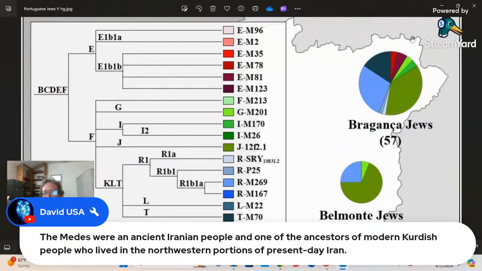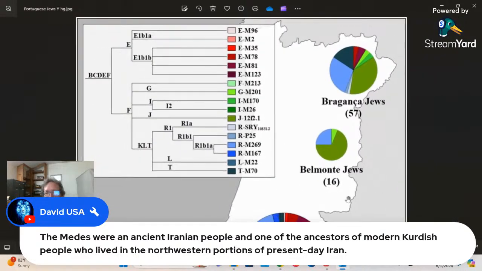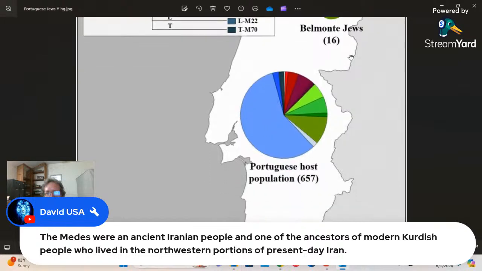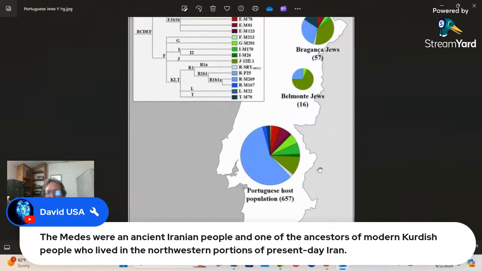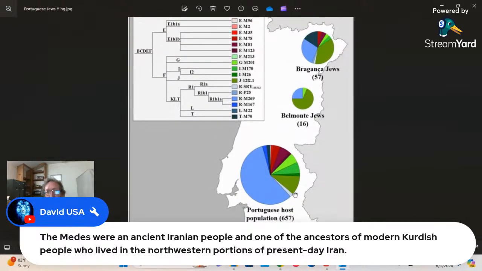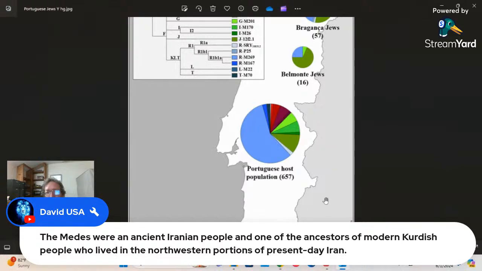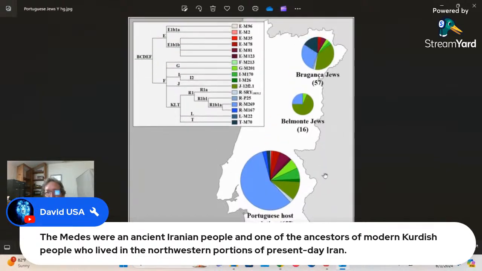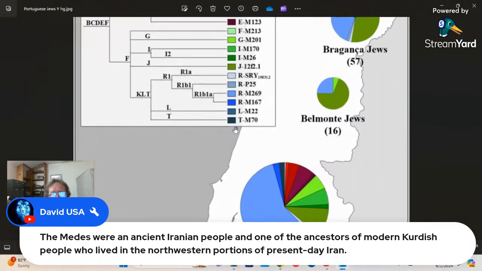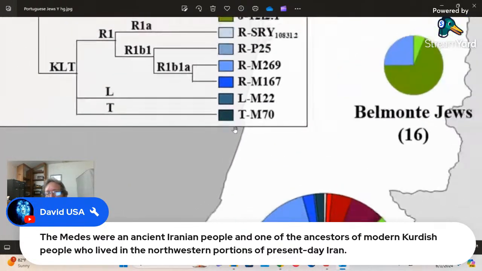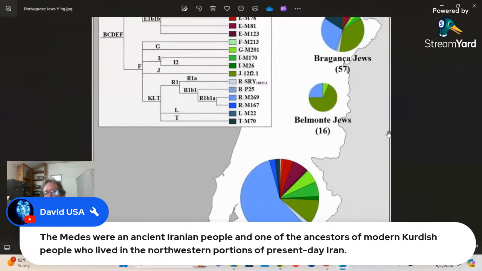So we have the Braganza Jews that do have the T, and the Belmonte Jews in Portugal that don't have the T, and then you have the Portuguese host population. So I believe the T in the Jewish population is largely due to the descendants of Tarshish, because of this particular branch of Braganza Jews that have the T in their population right there. That's really the only place where you can find the T. But of course, it might be in the Ashkenazi Jews as well.